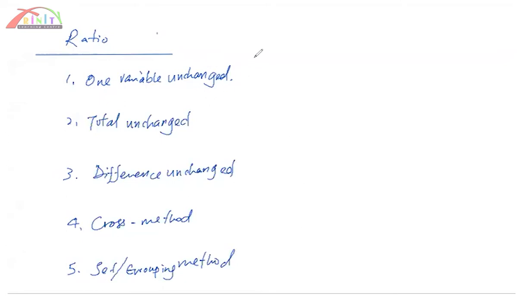In one variable unchanged, you have A and B. So if I give you the ratio of A and B as 2:5, and then later, so this is start. Let me just start over again.